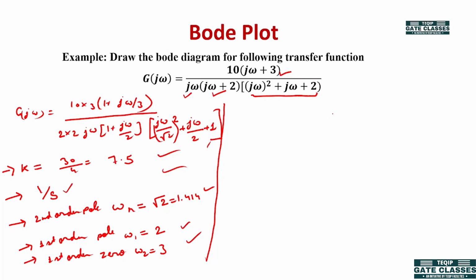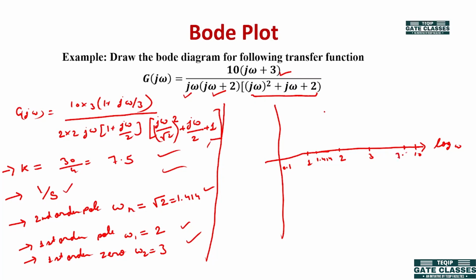So our initial slope would be, if we draw the magnitude plot, this is 0.1, this is 1, somewhere here is 1.414, here somewhere 2, and this is somewhere 3, and this is somewhere 10. So somewhere here is 7.5.